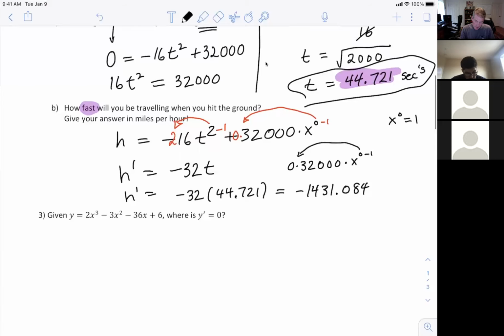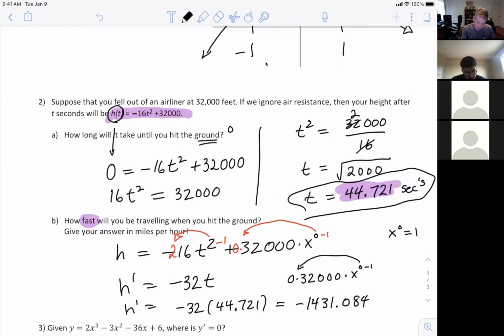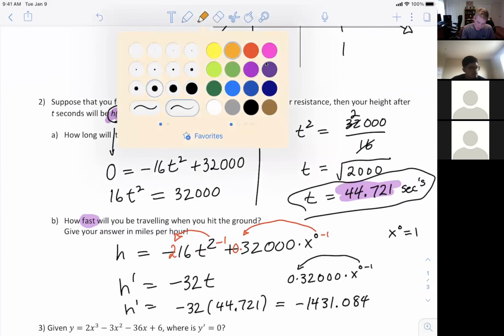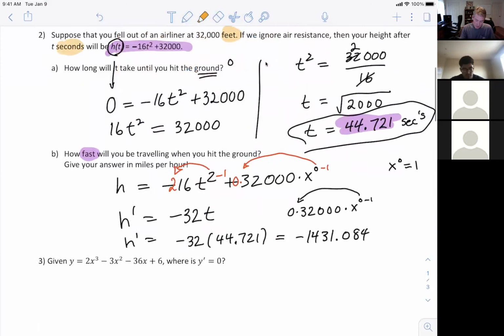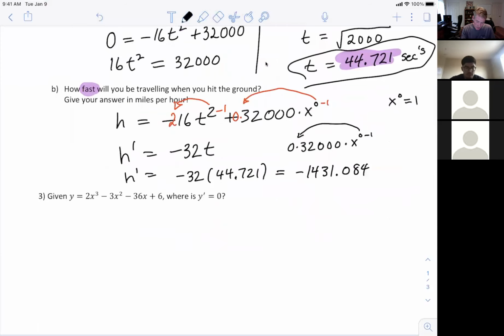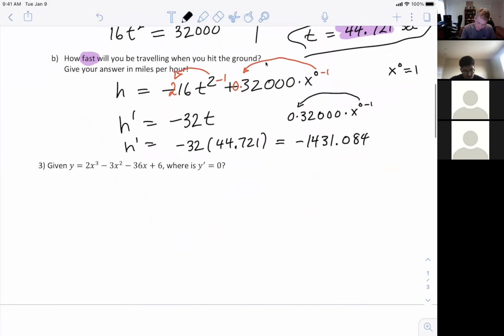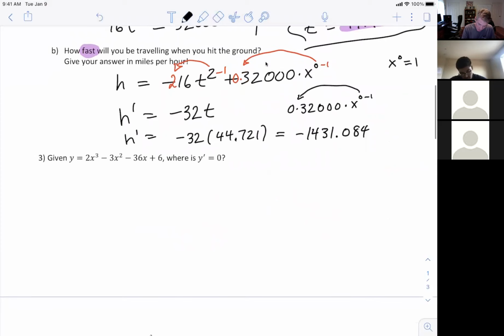So that's the velocity. And then the units, well, the height is given in feet and the time is given in seconds. So right now, this is in feet per second. I think I'm going to need to write it down here because I didn't give myself enough space.